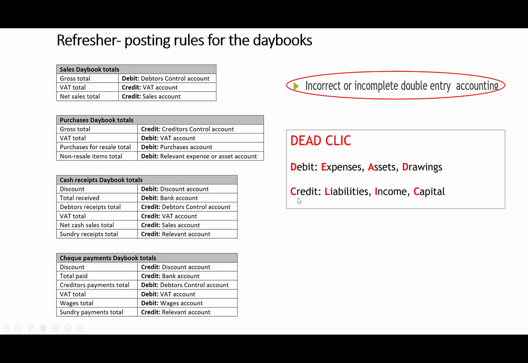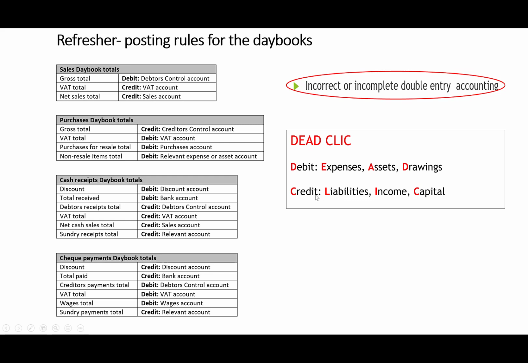Similarly for credits, CLIC, credit, liabilities, income and capital. So if I want to create a liability, or if I want to increase a liability, I must credit the liability account. Okay, CLIC, credit for liabilities. So say I receive an invoice from a supplier, okay, for €1,000, and I haven't yet paid it, so I owe it to the supplier.